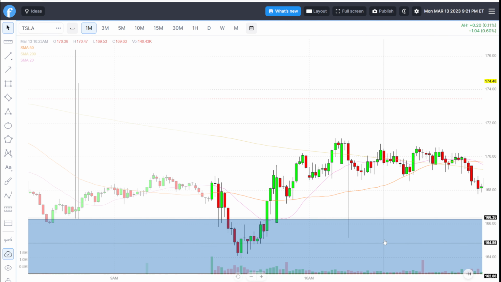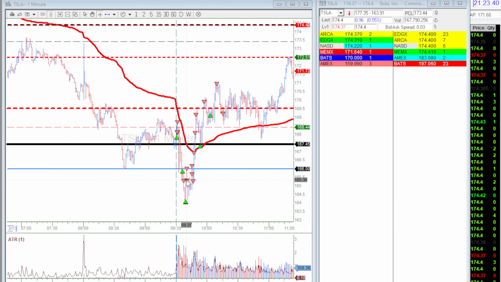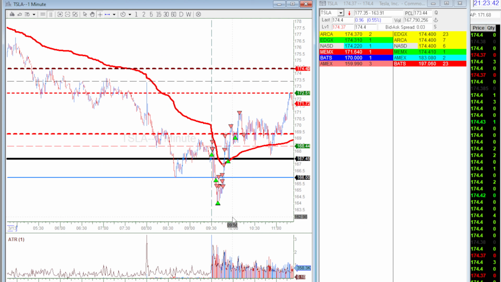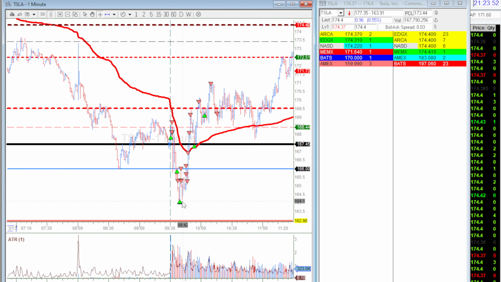Look closely. 163 and 166, so that's about a $3 range. But let's go back here. 163 was somewhere here, and 166 was somewhere here. As you can see, this is about $1.